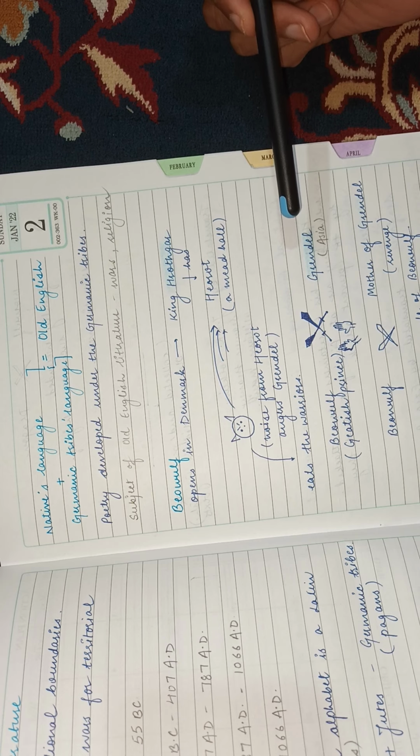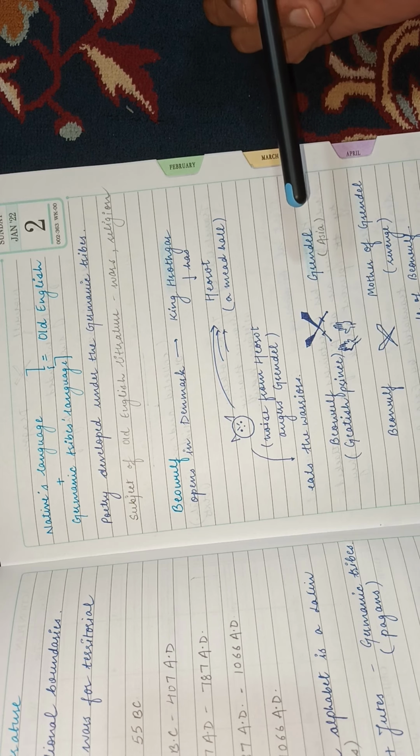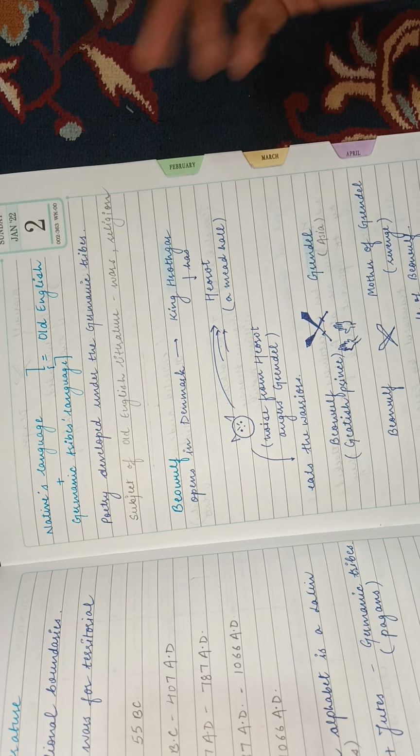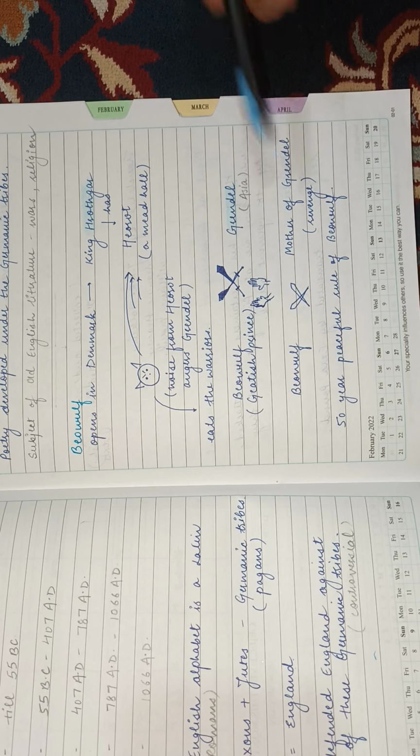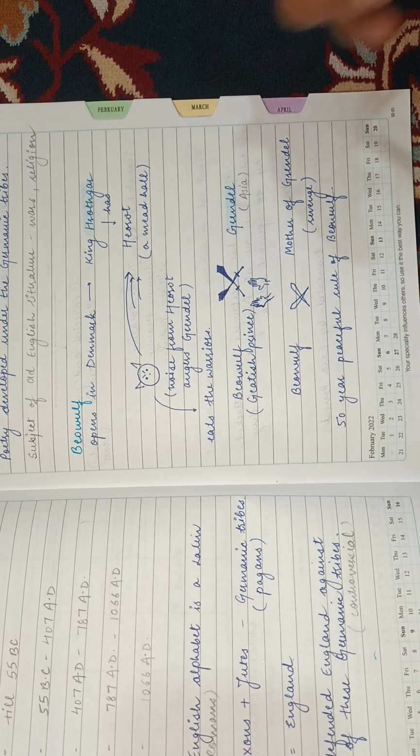Now, Grendel, of course, is killed, but now Grendel's mother will take revenge on Beowulf. Of course, then the two fight again. Beowulf again emerges victorious, and then follows 50 years of peaceful reign under Beowulf. But that's not the end of it, right? Then one day comes a dragon.